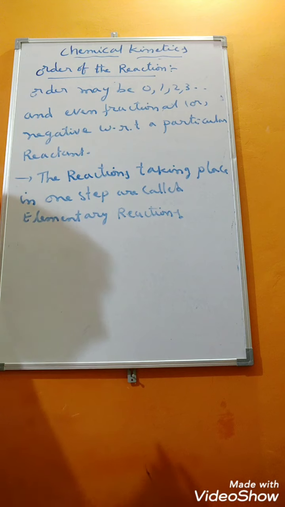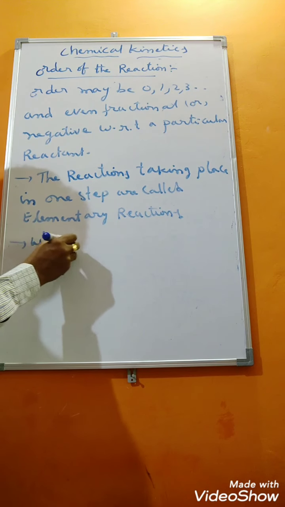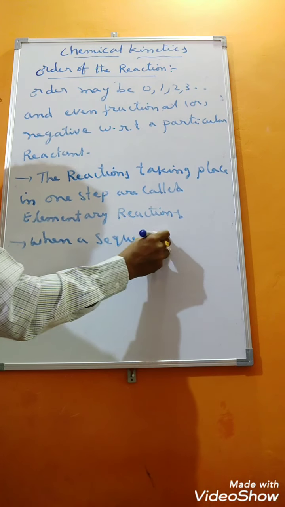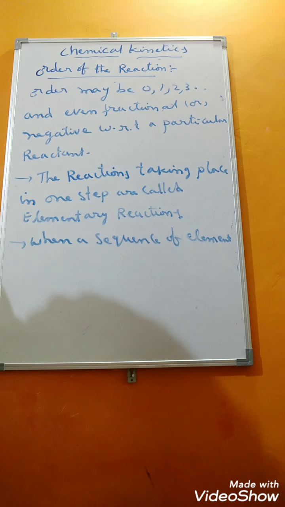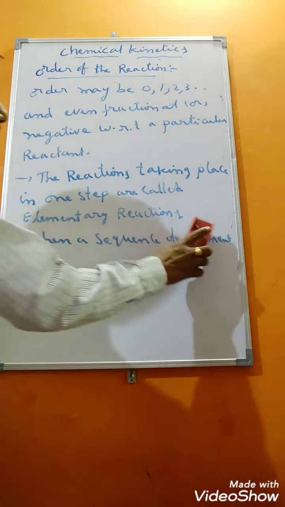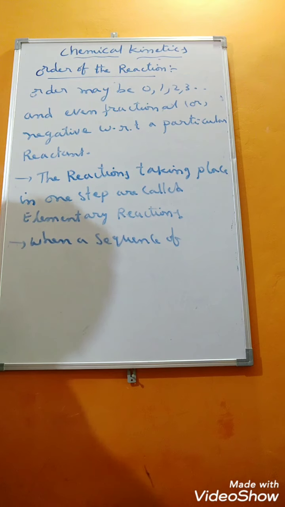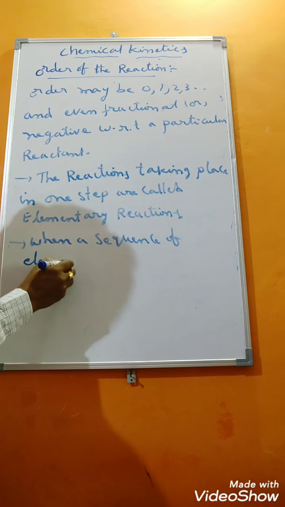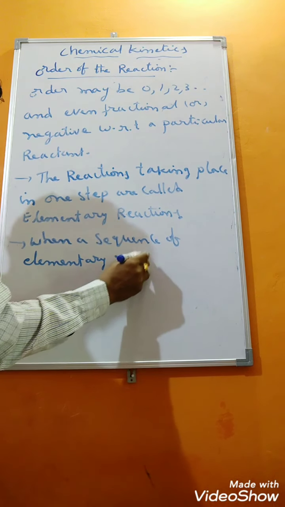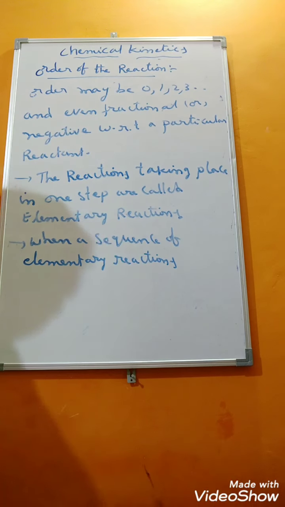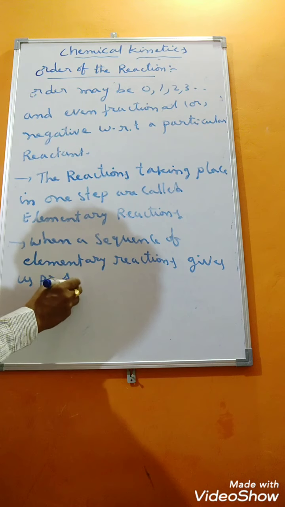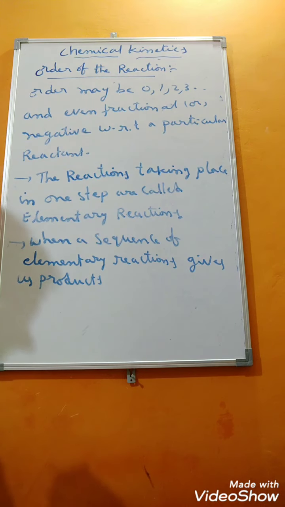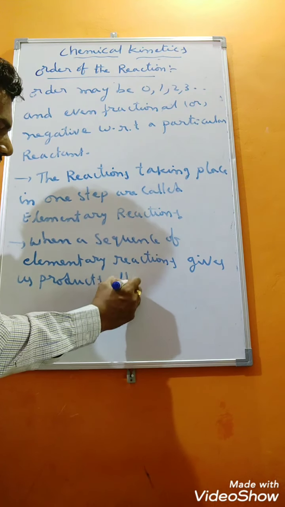So when a sequence of elementary reactions gives us products, the reactions are called complex reactions.